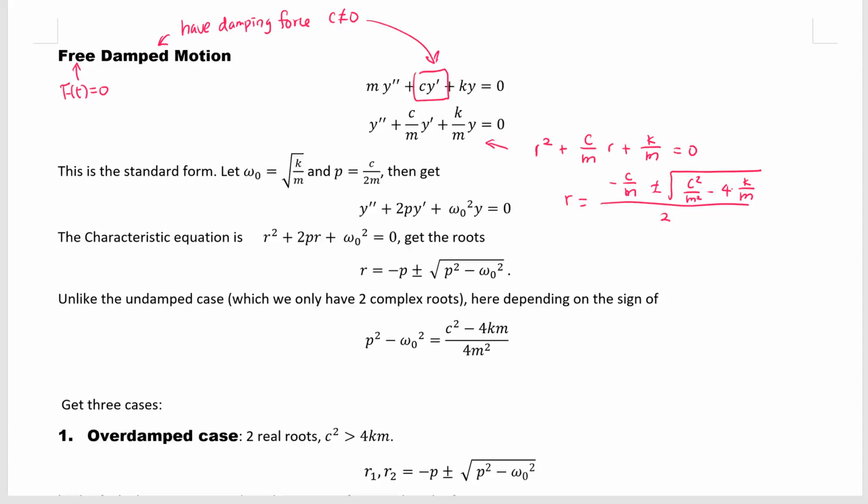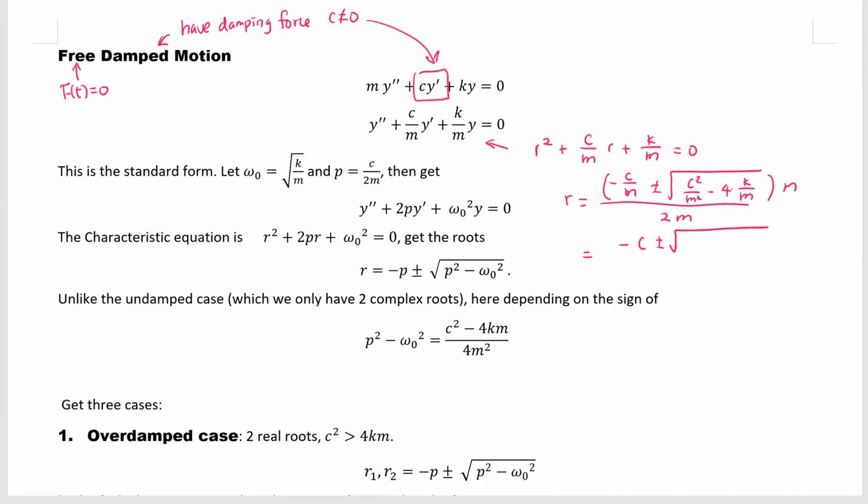So far, so good. Let's simplify. Let's multiply by m in the numerator and denominator. Then the m's cancel, so we have negative c on top.